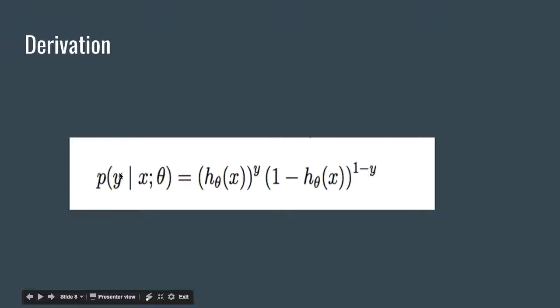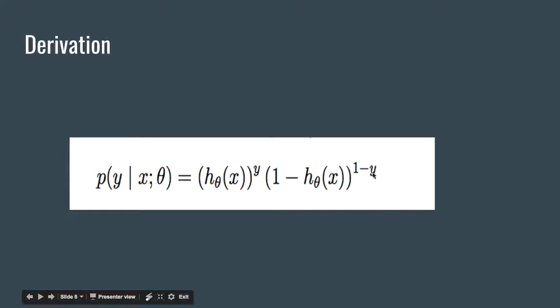Essentially, this is saying: given our features and what our weights are going to be, what's the probability of the associated labels that we have in our training set? It's going to be this expression. Now let's look at why. Remember that y is either 0 or 1. Let's look at the case when y is 1. That means we have h theta of x raised to the first power, multiplied by 1 minus h theta of x raised to the 0th power.